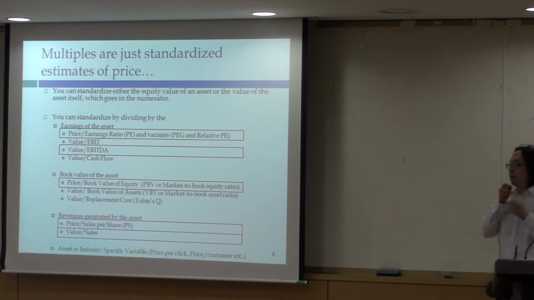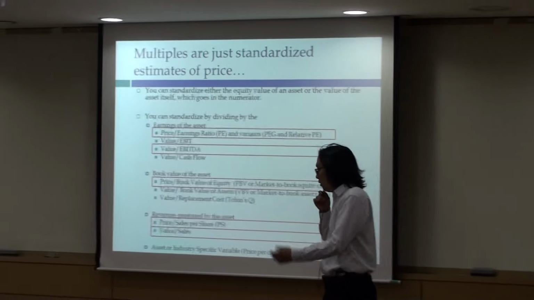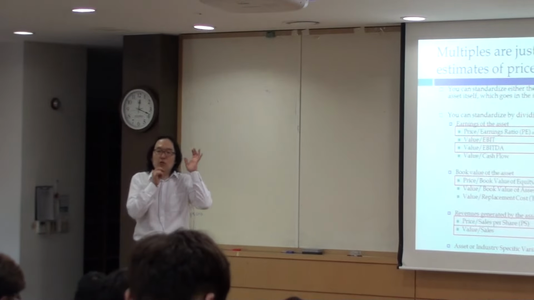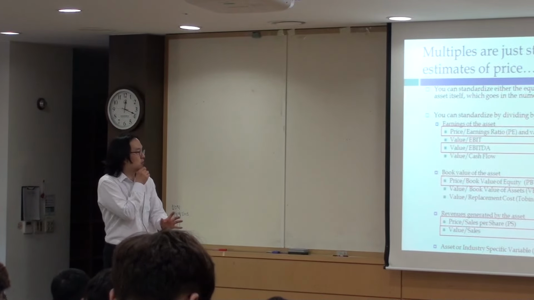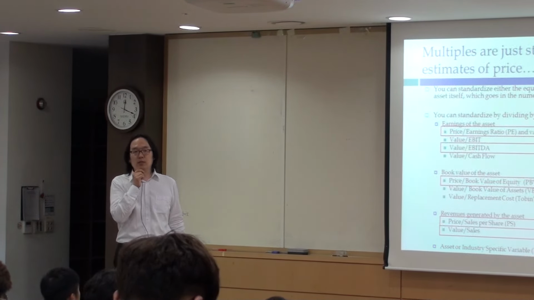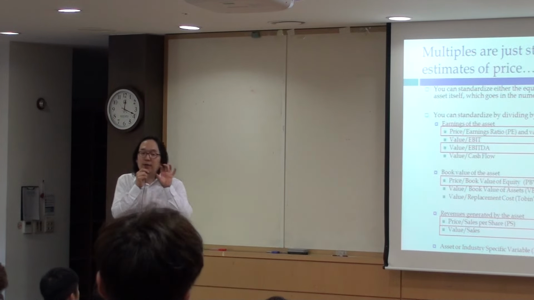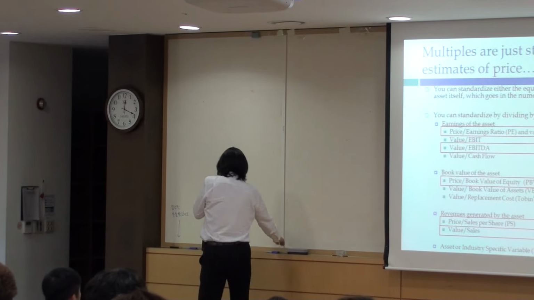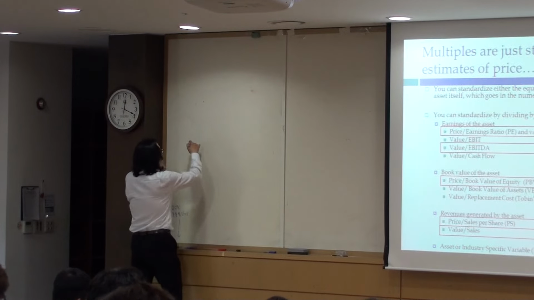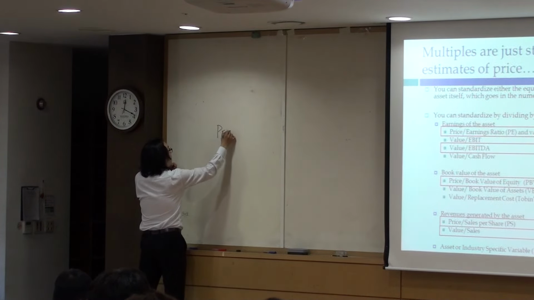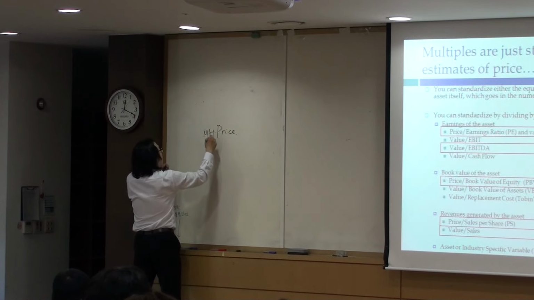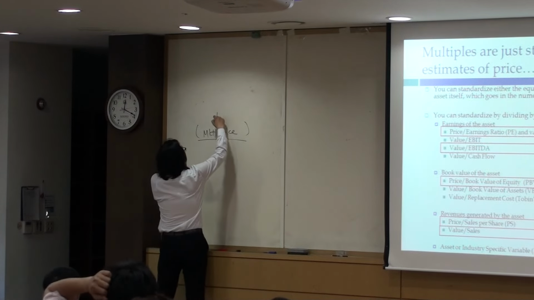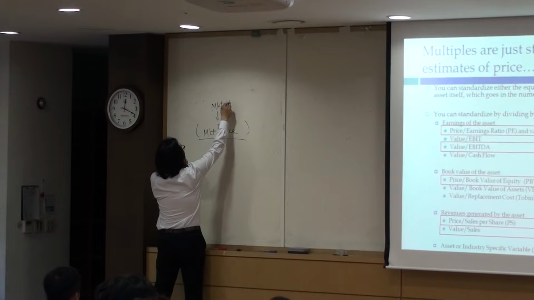Now, multiples, relative valuation. What kind of multiples are we going to learn? We can group the multiples into largely 3 different categories, depending on what kind of variables are used as the denominator. I told you before, the multiple typically has some market price related value in the numerator.